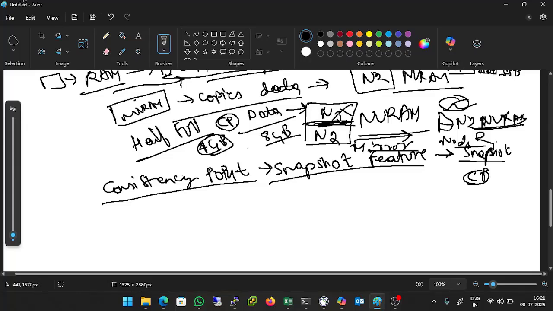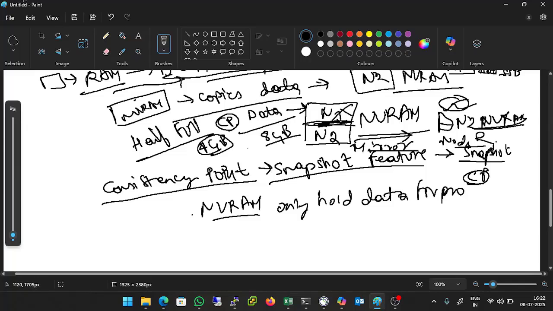This is one more thing I would like to tell you: NVRAM only holds the data, only holds data for protection. I would like to make this clear to all of you: my NVRAM doesn't flush the data to my disk.